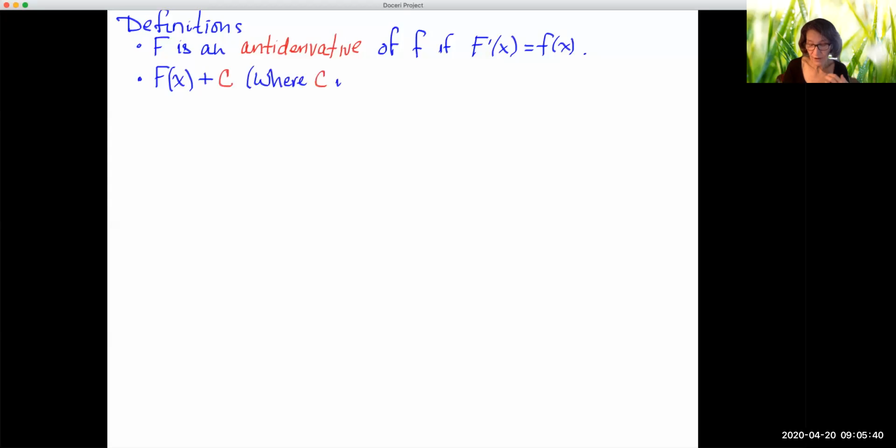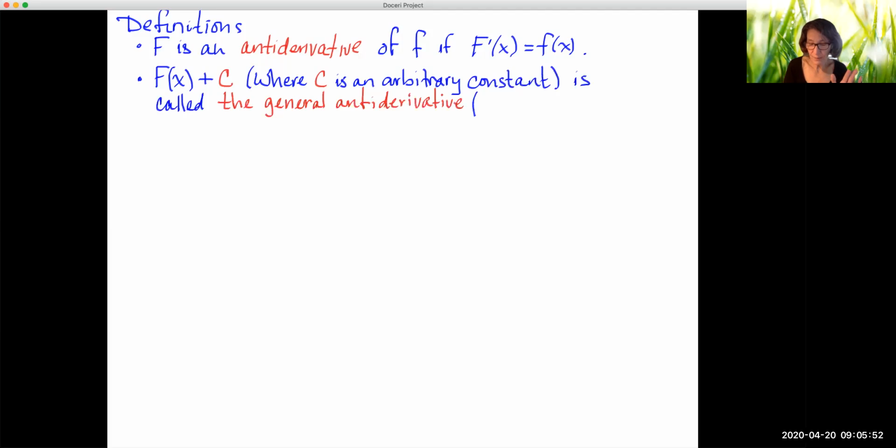And capital F of x plus c, where c could be any constant, represents an arbitrary real number. So capital F of x plus c is called the general antiderivative. We also call them indefinite integrals. So it's called the general antiderivative or the indefinite integral, and we'll learn more about what the word integral means later.